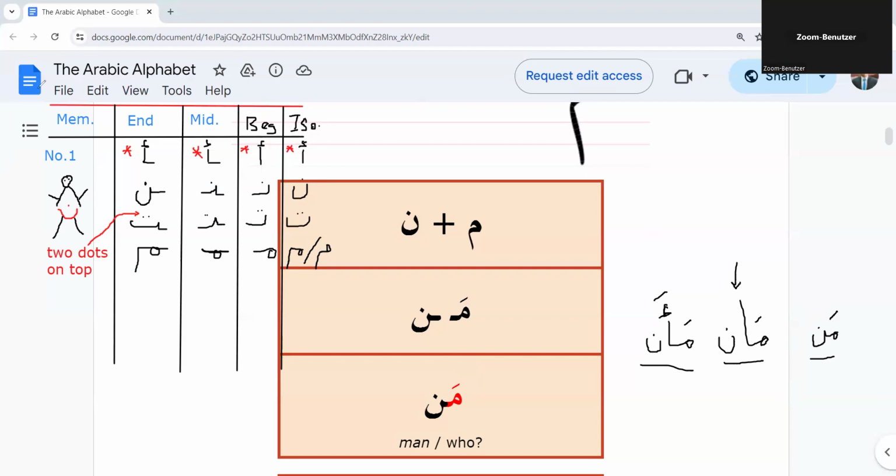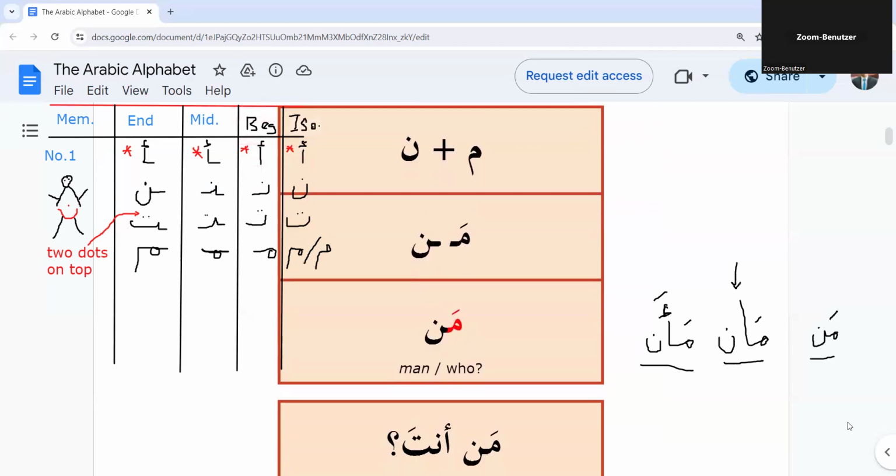So let's read the next. Let me write this example down first. Sure, take your time, it's good to remember. I hope that you have a notebook for Arabic. Yes, I have a complete notebook. Great. So that everything can be in it and you can refer to it whenever you need.